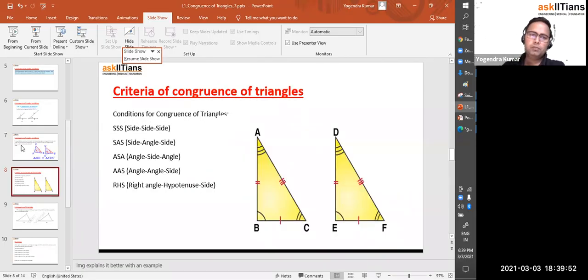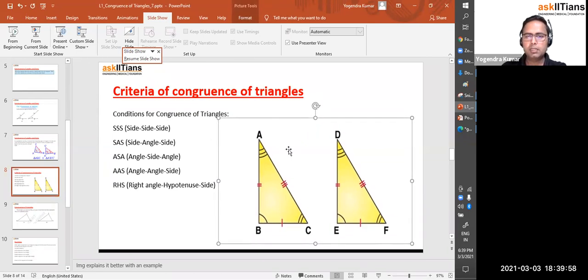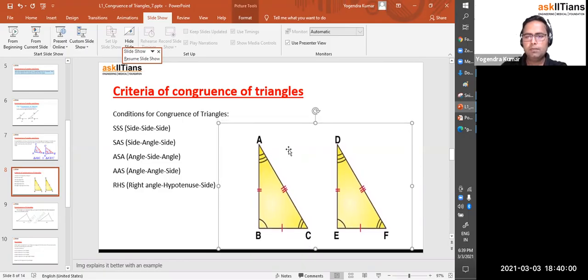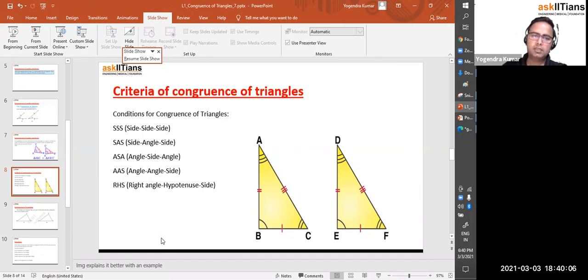Now, what do they mean by congruency criteria? Let me explain. They mean to say here that if any two triangles are satisfying these conditions, then we can say they are exact copies of each other. They are exact copies of each other if they are satisfying these conditions which we are going to discuss.